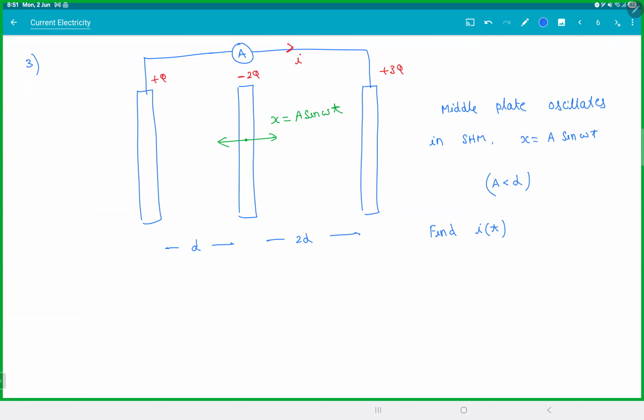SHM, Gauss law, current electricity. Anyway, I could have simply said you're going with uniform velocity also. It wouldn't have really mattered. Try, this is a good one. You got 2-3 minutes. Anyone not clear with the question, please ask me, I'll explain. Question is clear, go ahead, you got 2 minutes.